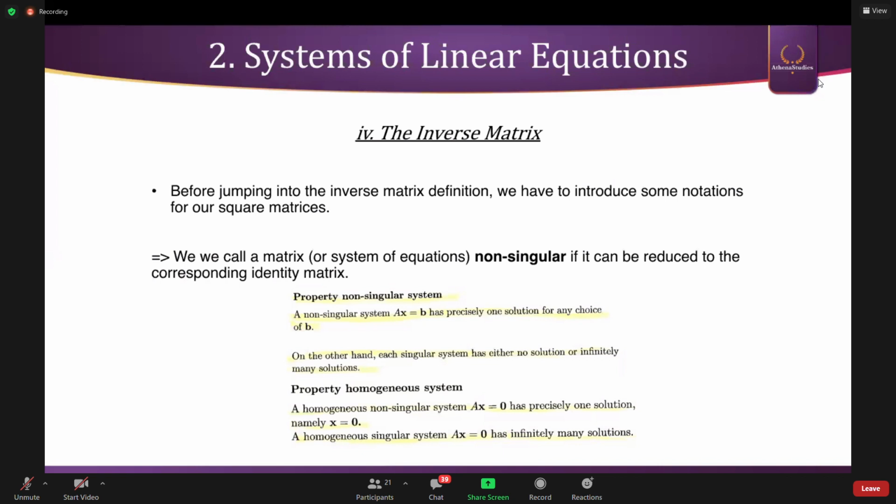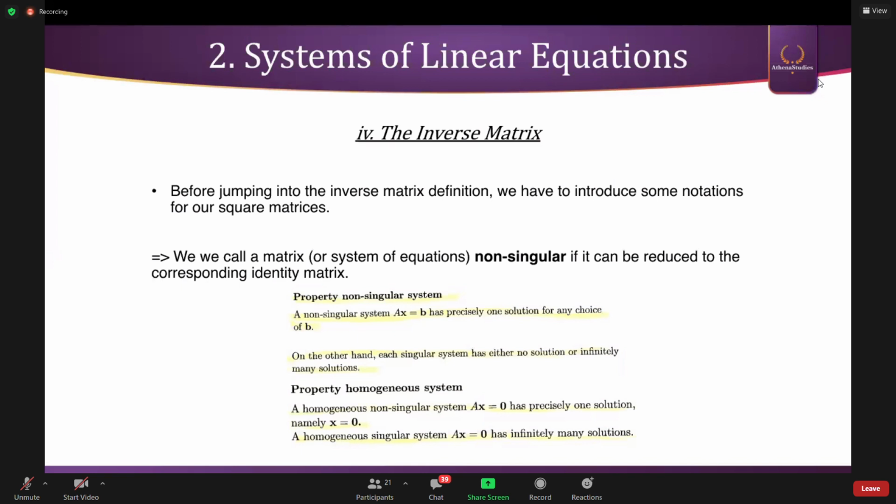Can you guys guess what a singular matrix will be? If a non-singular matrix can be reduced to the identity matrix, a singular matrix is something that cannot be reduced to that. So it's a normal matrix that through the row reduction procedure we cannot get to the identity matrix. That's it. Let's look through some properties.